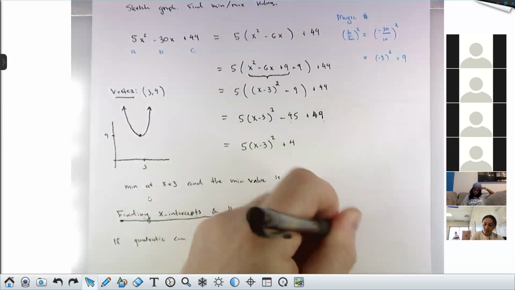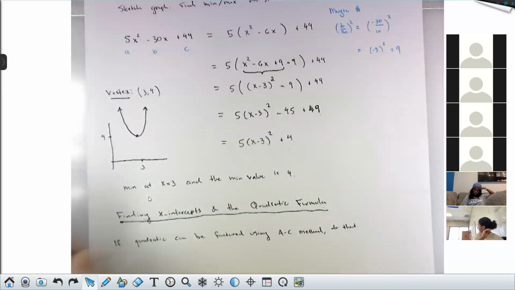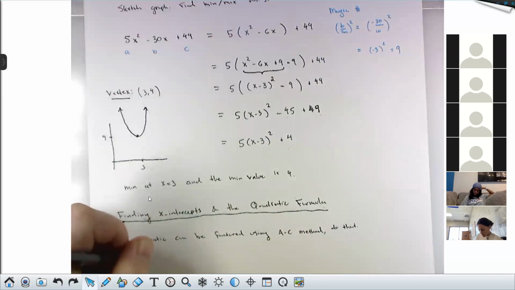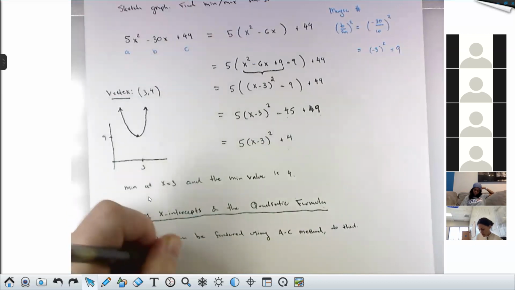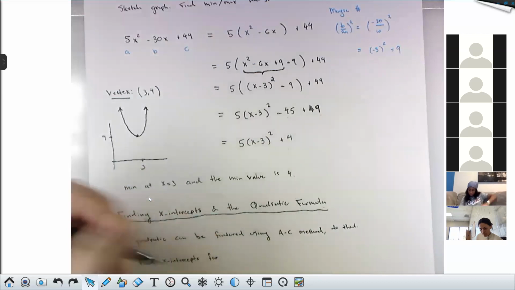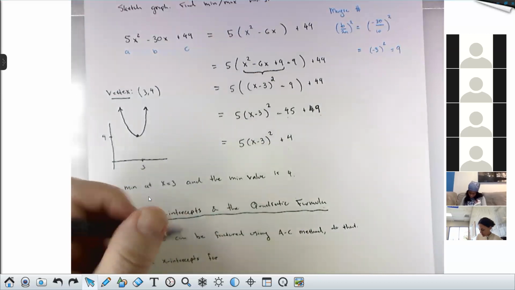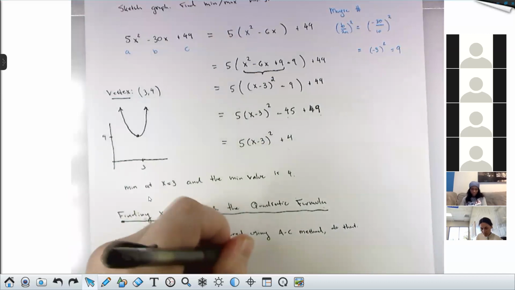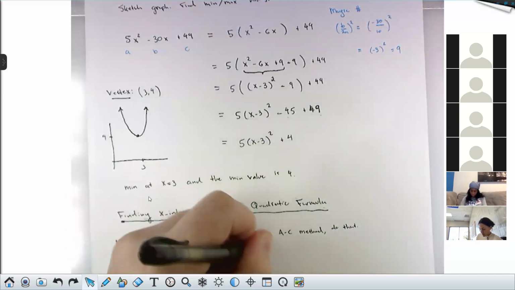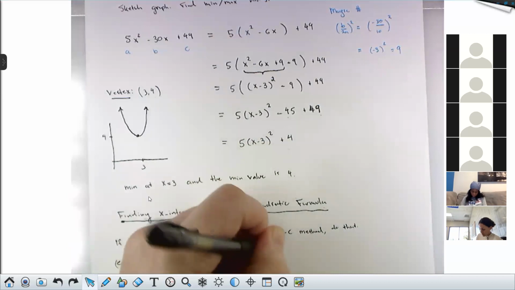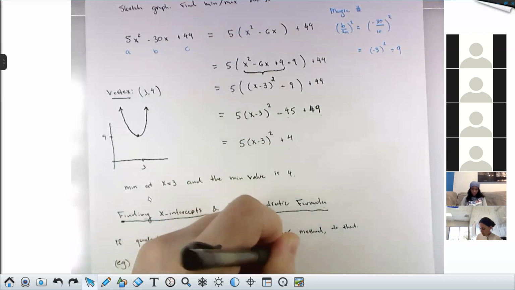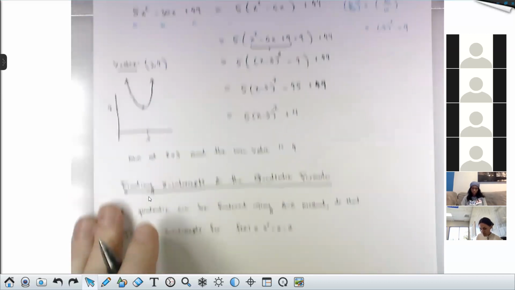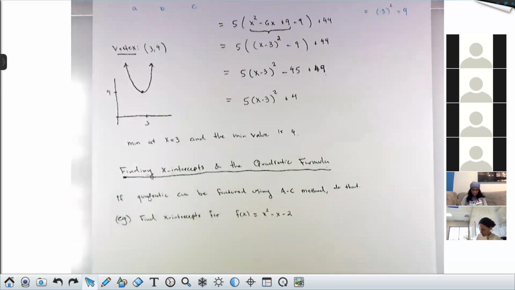For example, I want to find the x-intercepts for, how about f of x equals x squared minus x minus 2. This guy can be factored. And it's not too hard.